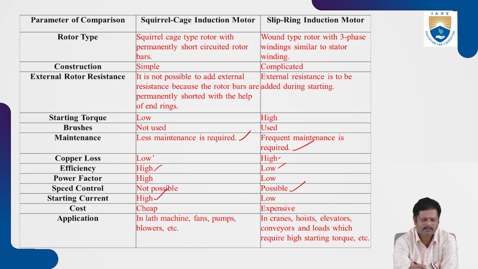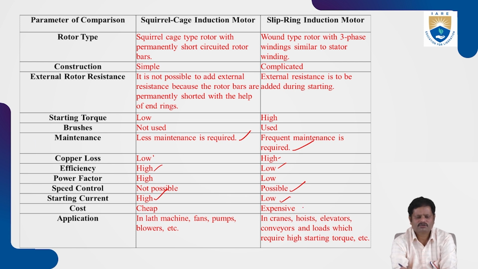Starting current is high for squirrel cage, whereas in slip ring we are using external resistance at the starting, so we can limit the high starting current. So starting current is low in the case of slip ring. Cost is cheap for squirrel cage and expensive for slip ring because of slip rings and brushes. Some extra parts are used in the slip ring induction motor.